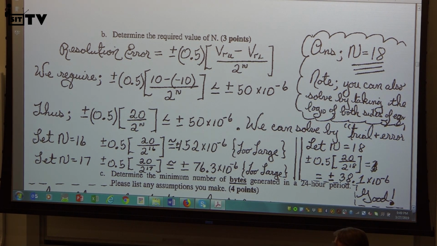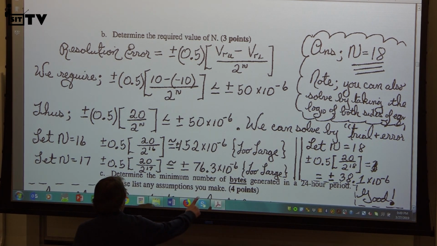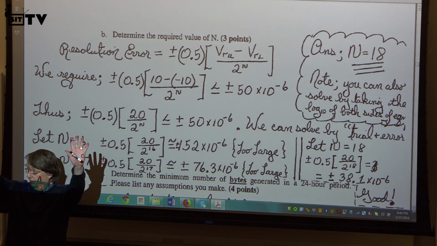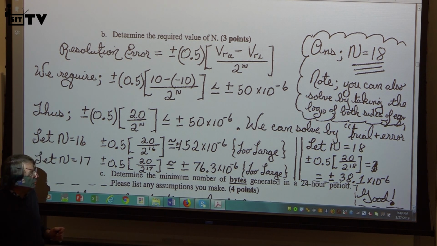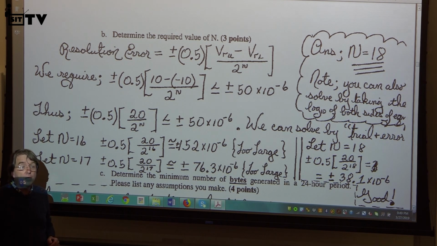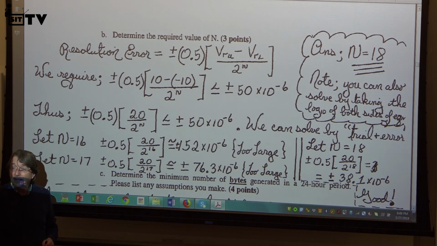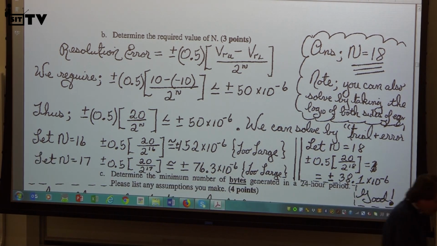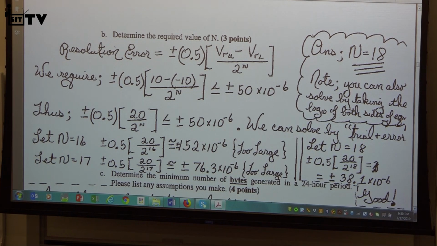So it says here, determine the minimum number of bytes. Now, what's a byte? 8 bits. Determine the minimum number of bytes that will be generated in a 24-hour period. State all assumptions. So I say, okay, I think we got this.